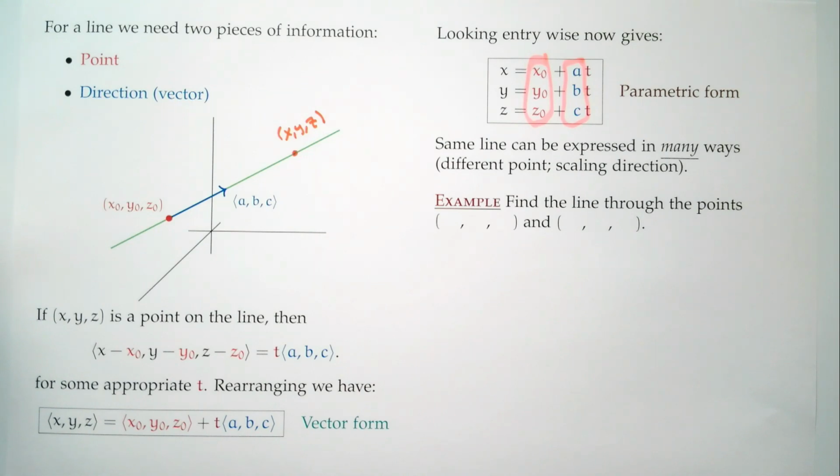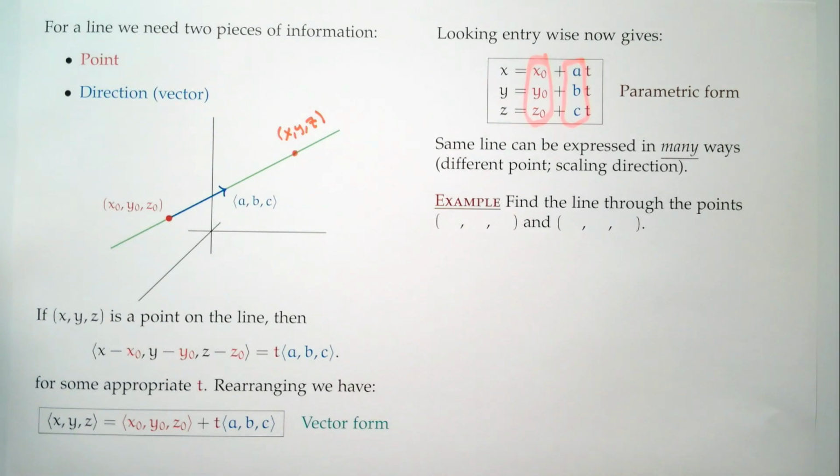So there's not a unique starting point and not a unique direction vector. Because of that, you might do the problem, and the person sitting next to you might also do the problem. Your answers may look different, but you can still both be correct. So just keep in mind that there are many different ways to express the same line.